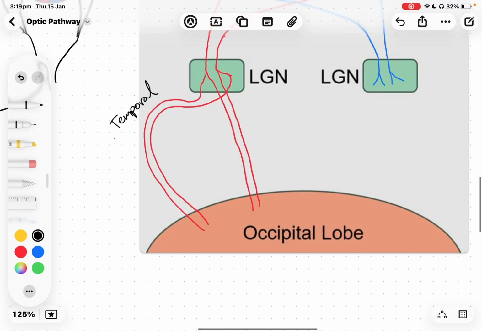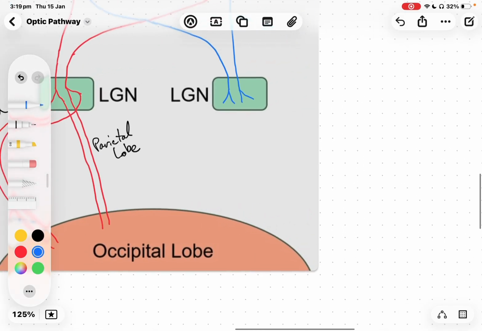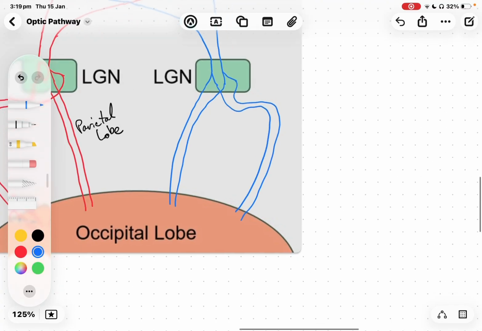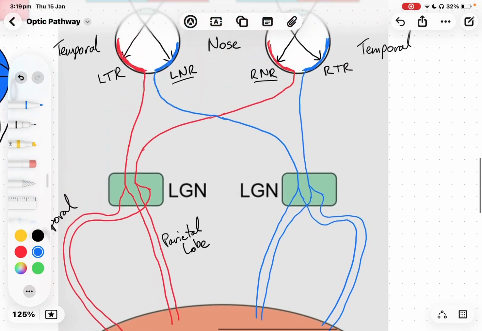Now these ones pass through the temporal lobe, and these ones pass through the parietal lobe. Again, here we can see these ones pass through the parietal lobe, and these ones pass through the temporal lobe. And that actually is all of it.